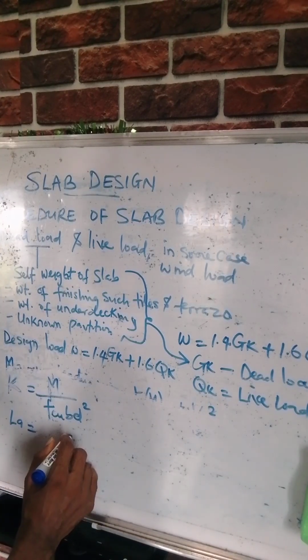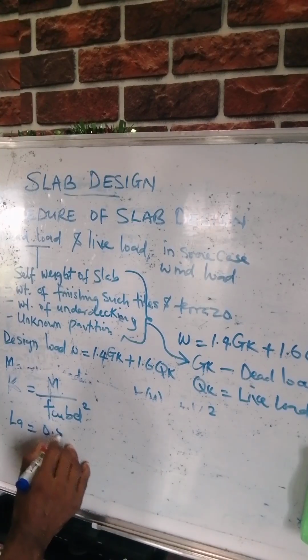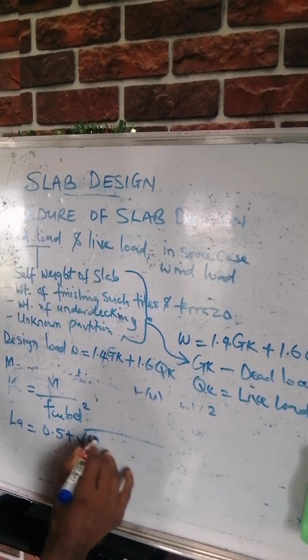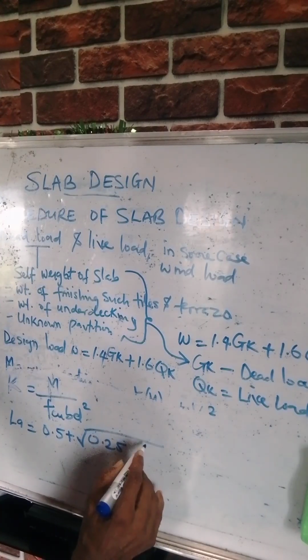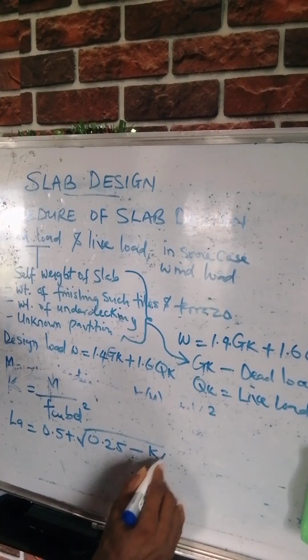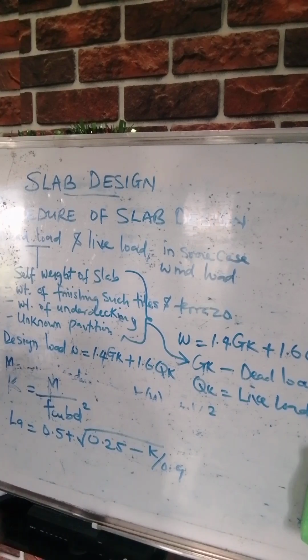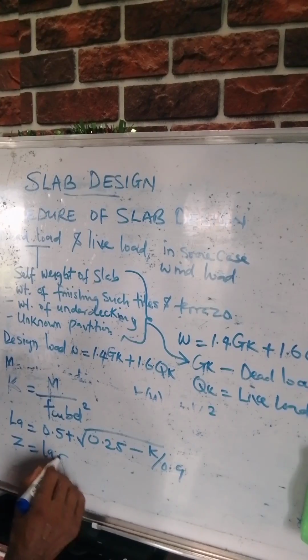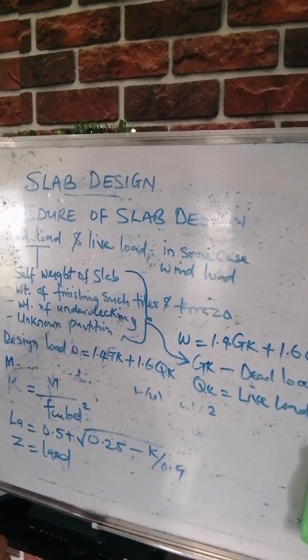Your lever arm is 0.5 plus square root of 0.25 minus K over 0.9. Then after this, you have to look for your lever arm, which is your LA times your effective depth.